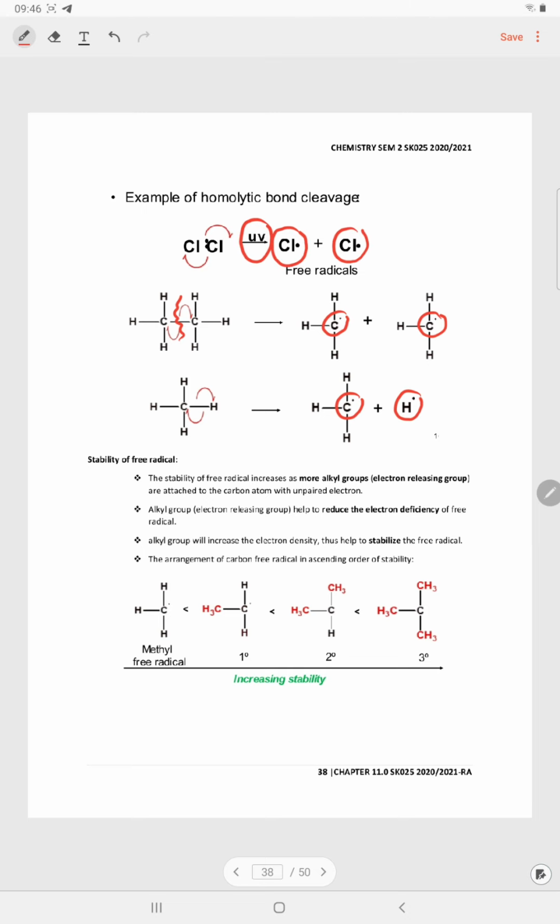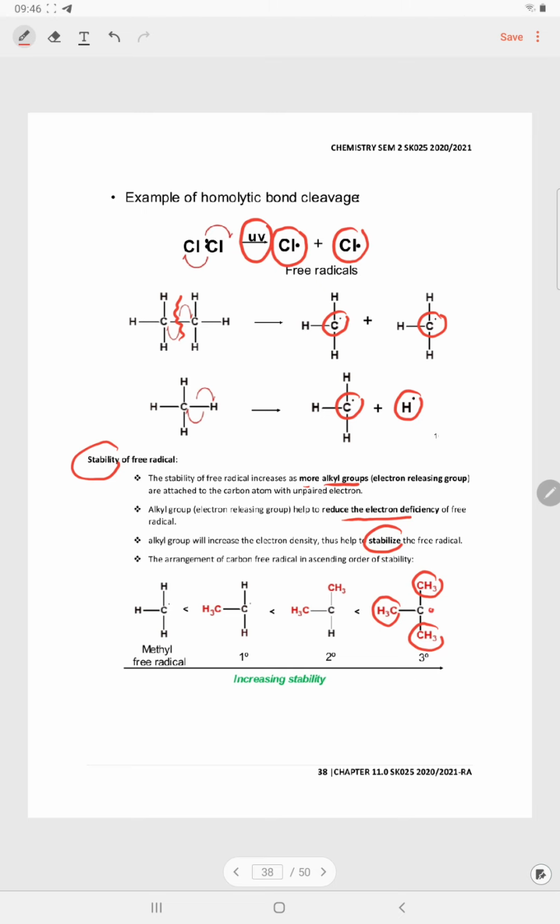Next, the factor that affects the stability of the formation of the free radical species is the alkyl group. The more alkyl groups, the more they help to reduce the electron deficiency, so it will stabilize the free radical. As a conclusion, the larger the alkyl group attached to the carbon free radical, the more stable it is. Why do I label this tertiary?